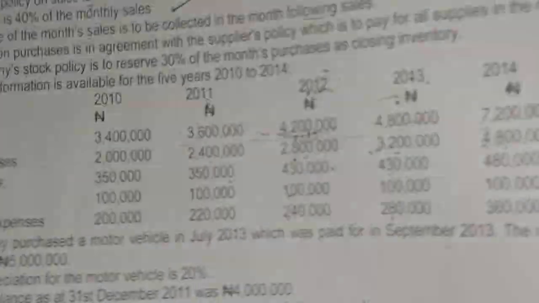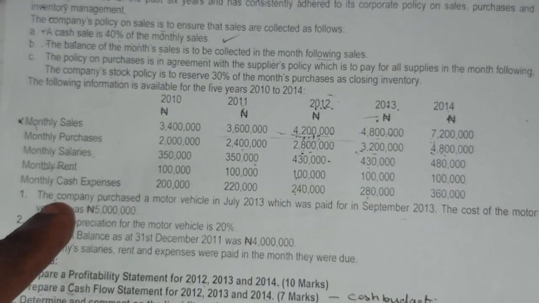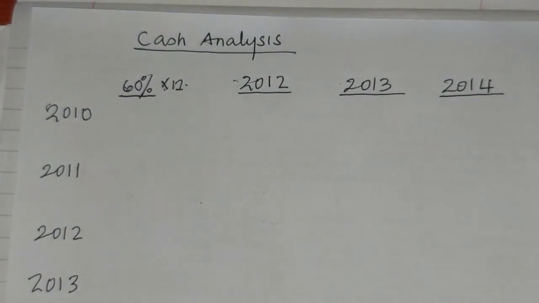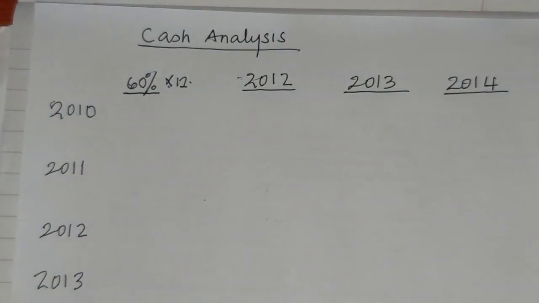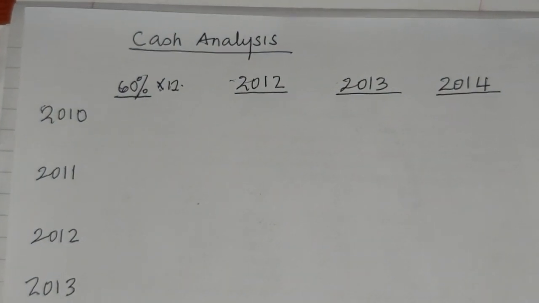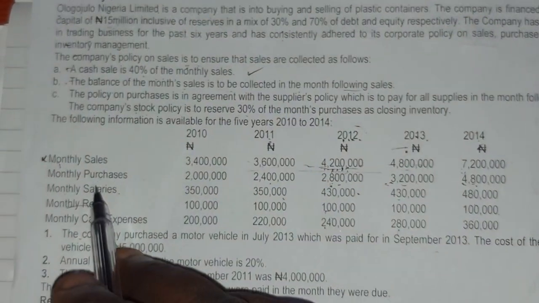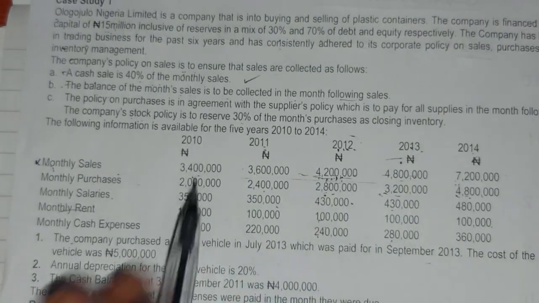So to do that, you are going to have what we call the cash analysis, and this is the format. For each monthly sales, we are going to take the 60% and multiply by 12. All right, so let's do that. For 2010, let's take 60%.